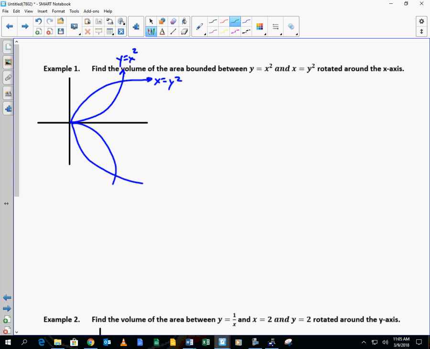Because I'm going to rotate it vertically, I am going to draw vertical rectangles so that I get a washer shape. A washer is something I can find the volume of. If I drew it horizontally, it would be tough for you to see right now, but you would actually get a cylindrical shell, and that we don't know how to work with yet. But if I draw this rectangle, and this is where people are like, well, how do you know? Well, you kind of got to visualize it, make a choice. So if I take that and rotate it around, do I end up with a shape that I know how to find the volume of? And the answer is yes.